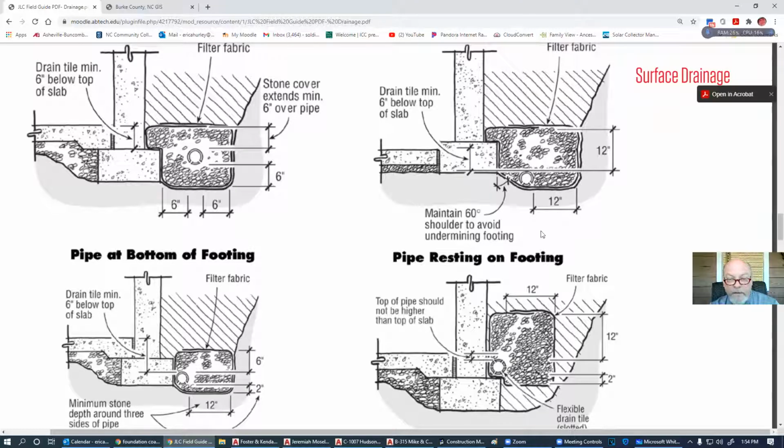These are the three that are probably the most practiced. In this case, being the weak point here, this would be on a slope where we don't have groundwater. We don't have to deal with groundwater. And then these are where we have to deal with groundwater.